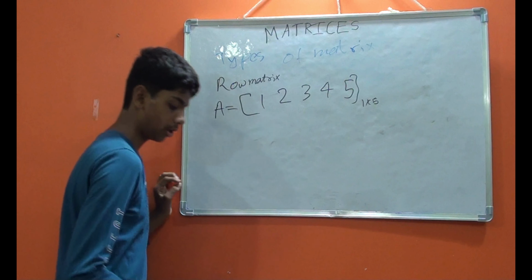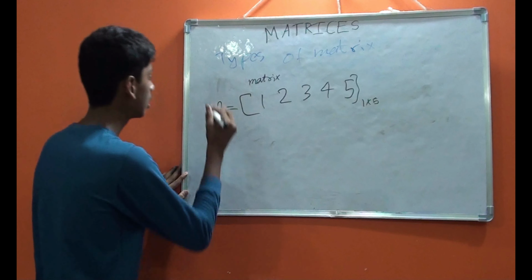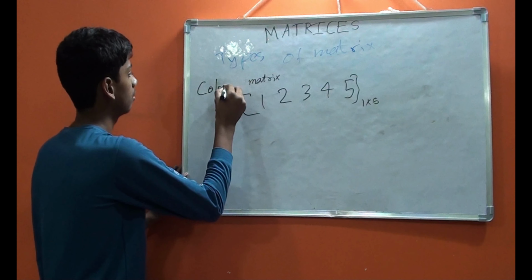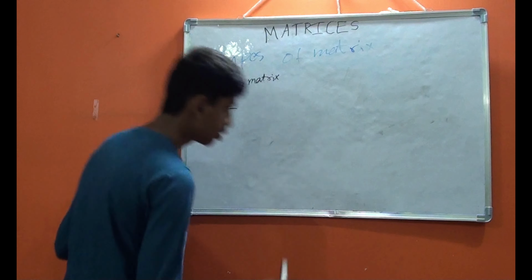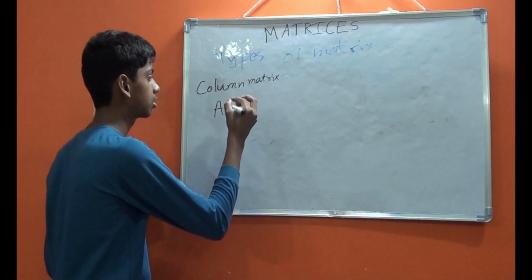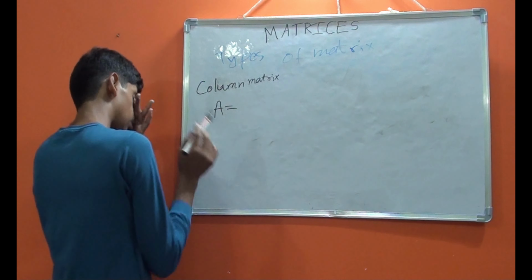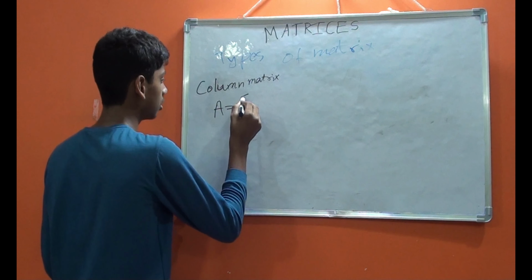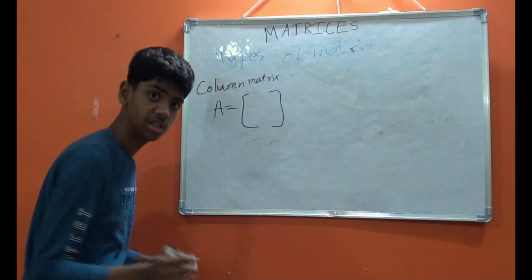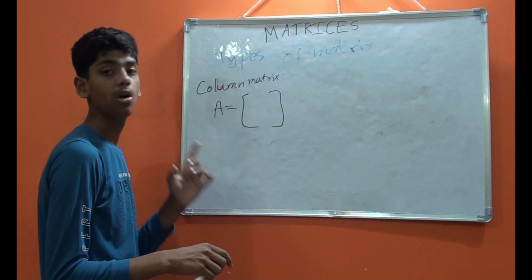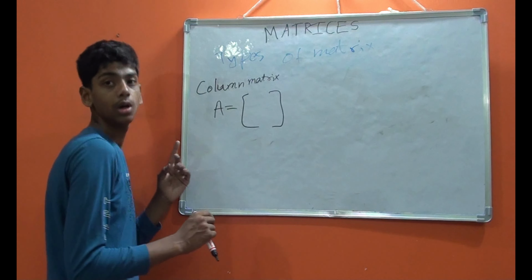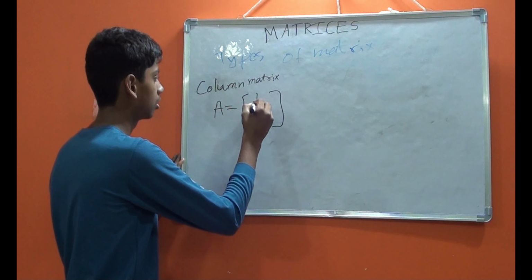In a similar way, we also have the column matrix. What is a column matrix? Like the row matrix, matrices consisting of only one column are called column matrices.